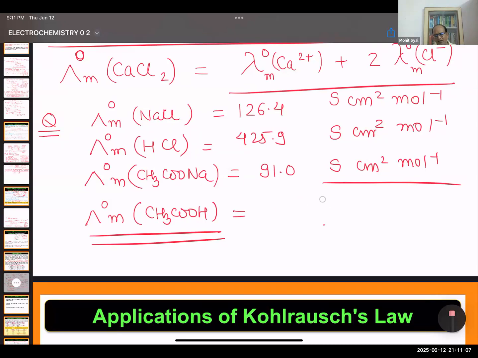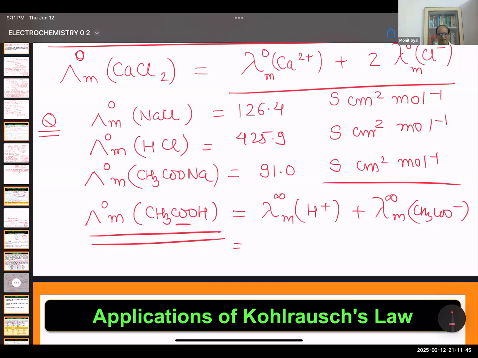Ideally they should have given it like this. But because they have not given us like this, that doesn't mean that we will not attempt the problem. We will attempt it. Okay? So we will try to add and subtract these compounds such that we can get these two ions finally after cancellation. Got it? So let's start.